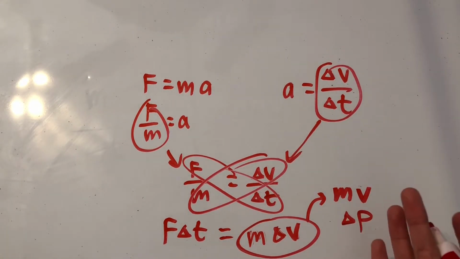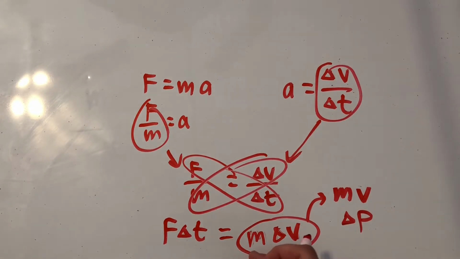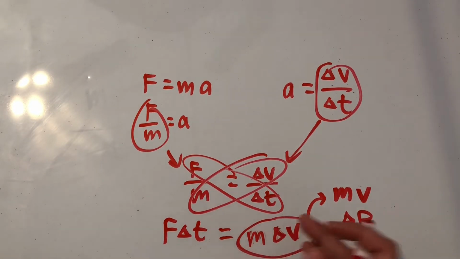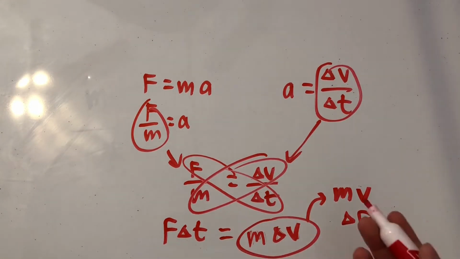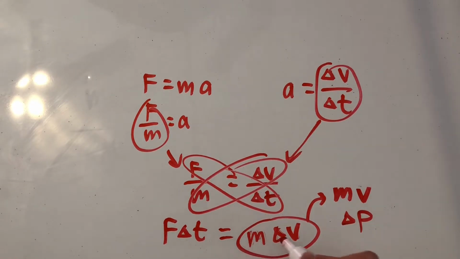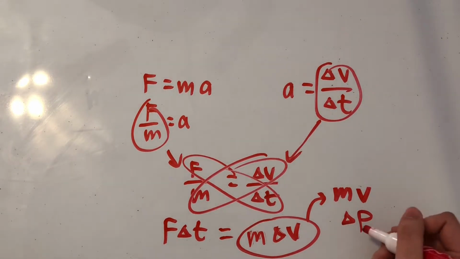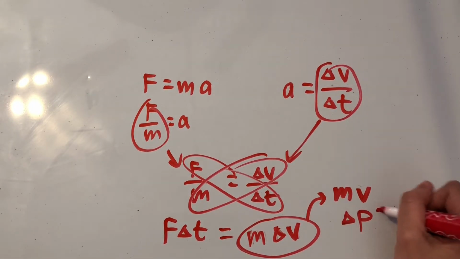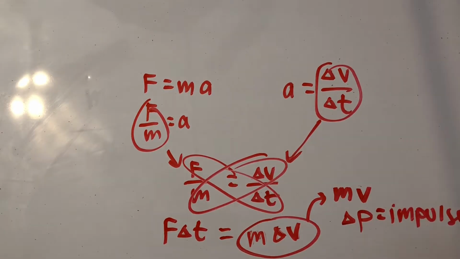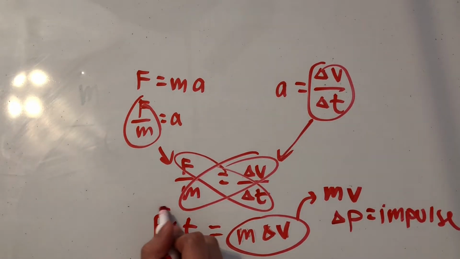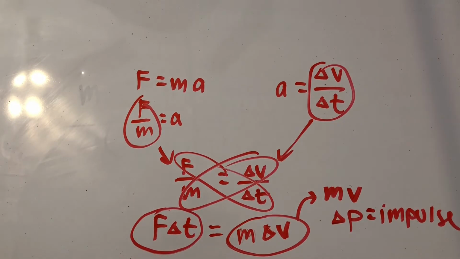Because remember, in a closed system, an object can't really change its mass, since mass is neither created nor destroyed unless some mass is transferred to it. And so we could basically say that m delta v is equal to delta p, or the change in momentum. Since we said earlier that the change in momentum is the impulse, then impulse is equal to the force exerted over a period of time.